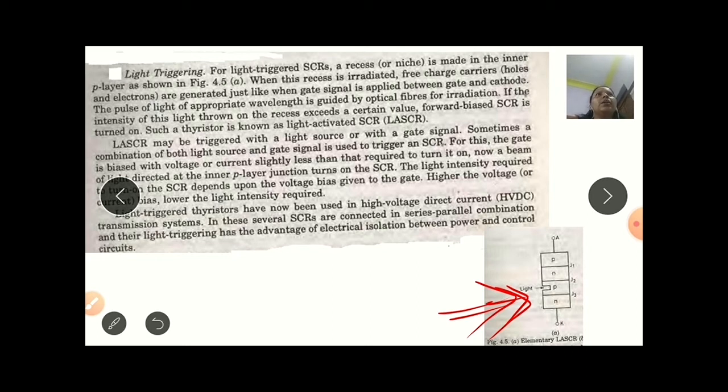So we can turn on the thyristor by using the gate signal only, by using light radiation only, or by using both the gate signal and the light triggering method. The SCR device where the light triggering method is applied is known as LASCR, light activated SCR.